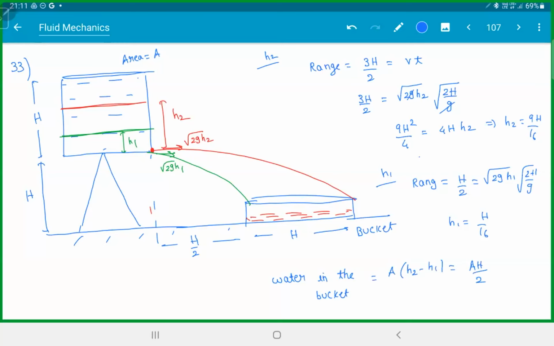Half of the water will be in the container. Easy? We just used kinematics. No need to integrate. Clear? Next thing. Any doubts on this?